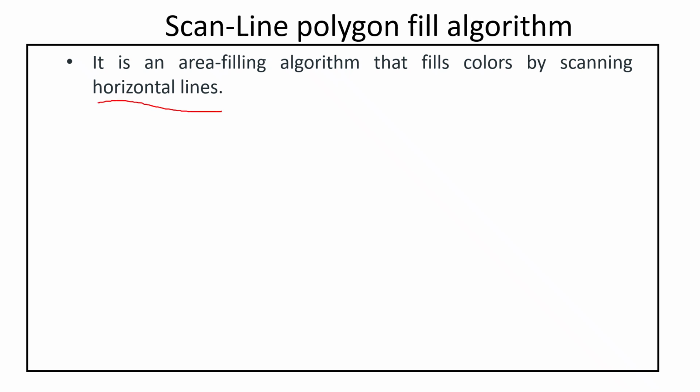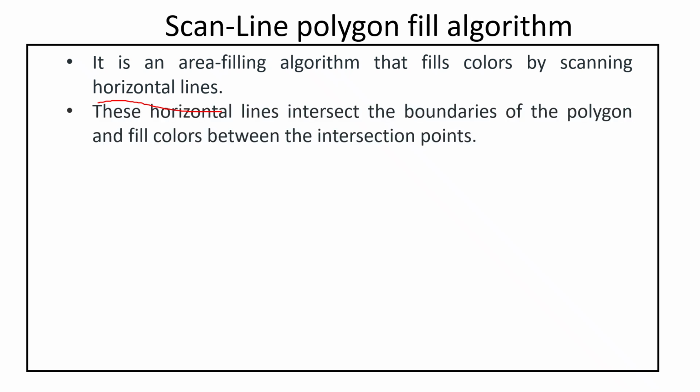We will draw horizontal lines, identify the pixels which are inside the polygon, and if they are inside the polygon, we will give them a solid color. By drawing lines, we identify the area to be filled. That is why it is called the scan line polygon fill algorithm.